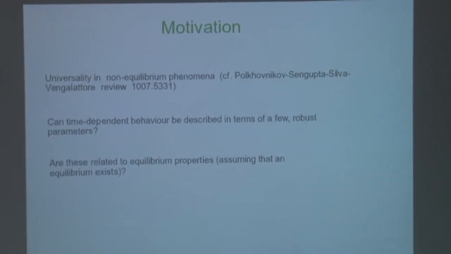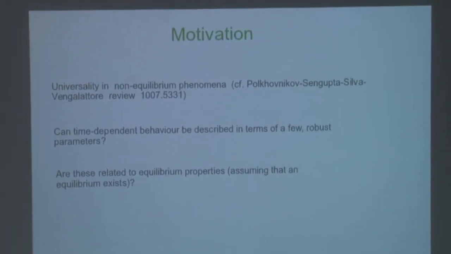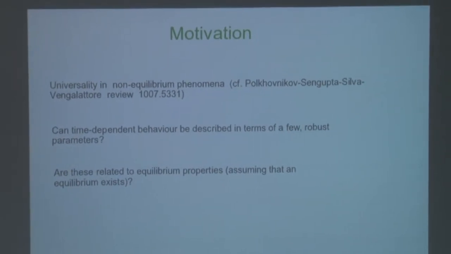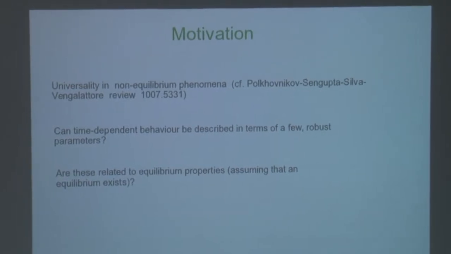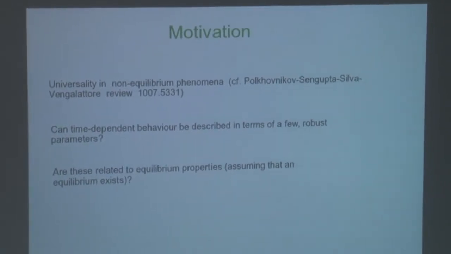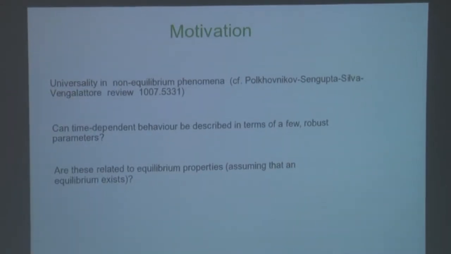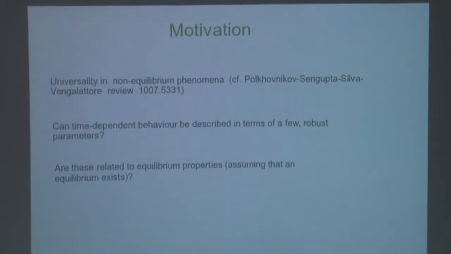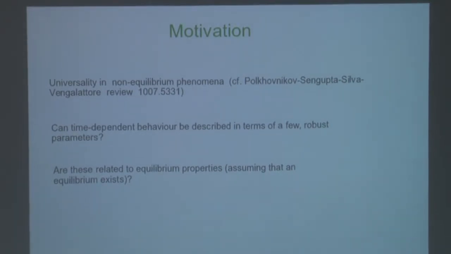So we know that equilibrium physics, of course, has a lot of universality. Namely, if you tinker around with the system a little bit, there are some robust features, and you can describe the system rather nicely by thermodynamic quantities, the entropy, temperature, free energy, and so on.